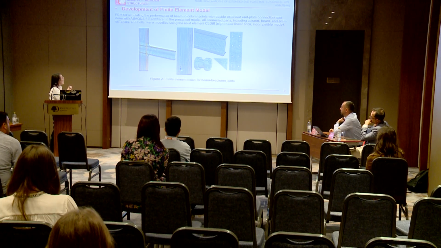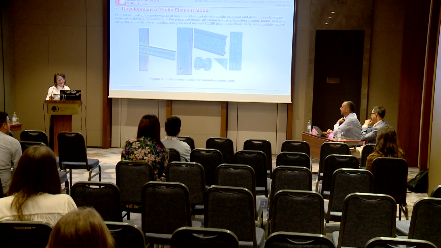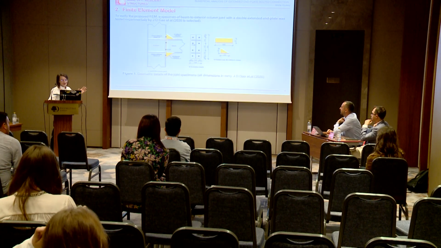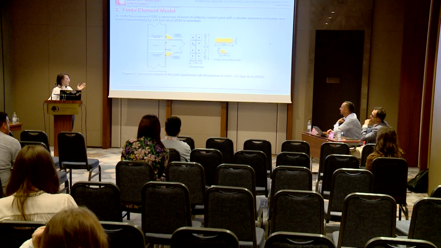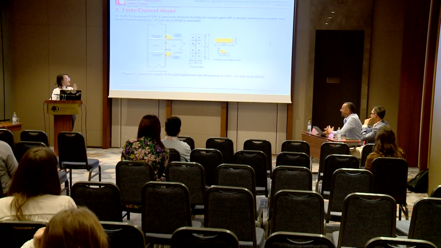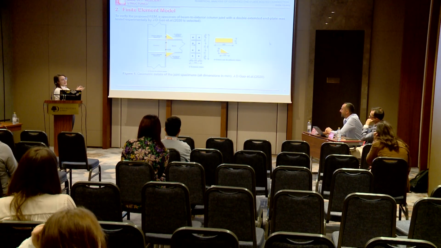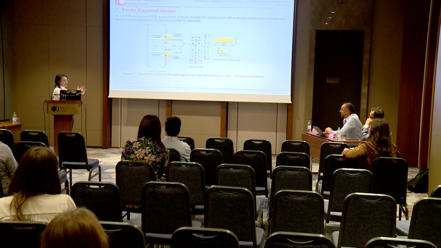There are 3 elements per thickness, and the thickness, as I remember, is 10. I separate only 3 elements, and 10 is the thickness of the flange and also of the end plate.